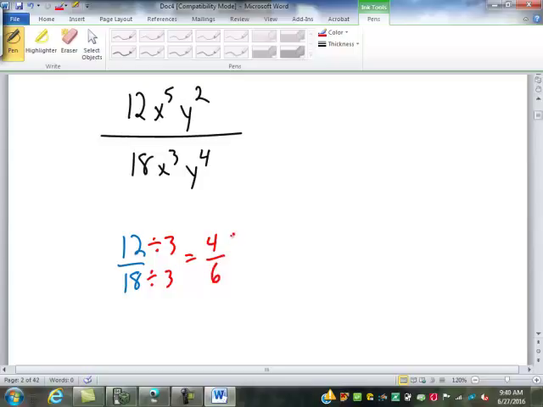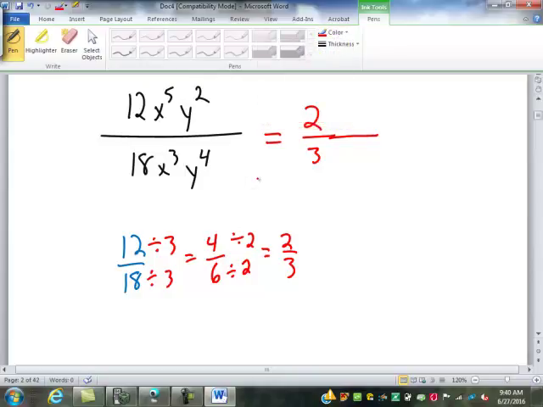Am I done? No, they can both be divided by 2. 4 divided by 2 is 2. 6 divided by 2 is 3. I now know that the numerical part of my answer is 2 over 3.